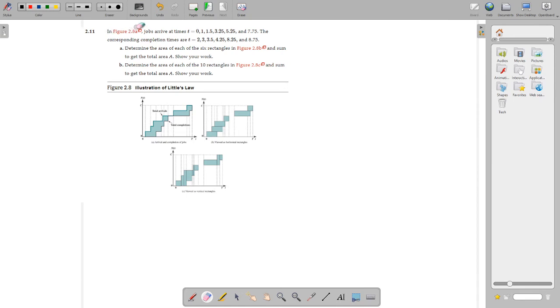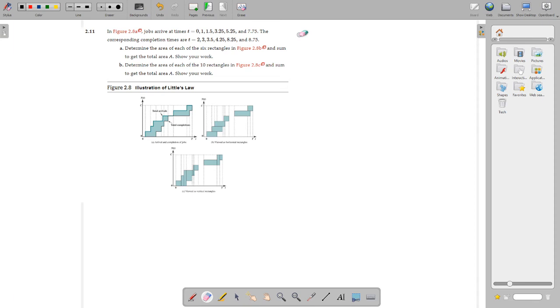So in figure 2.8, which is that one, of these 3, we have jobs arriving at t equals 0, 1, 1.5, 3.25, 5.5, and 7.5, and each of those jobs completes at those numbers. So we have essentially small snippets of code coming into the processor.